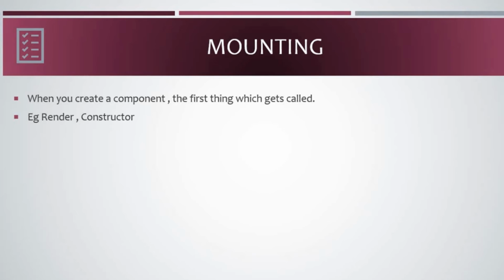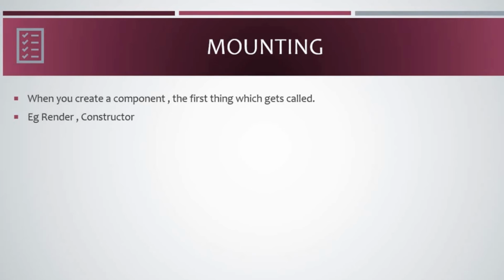In mounting lifecycles, there are some methods available in ReactJS which help to know this mounting stage. One such method is called the constructor. In the previous tutorials, you must have seen that while creating class components, we have been using a constructor, right?